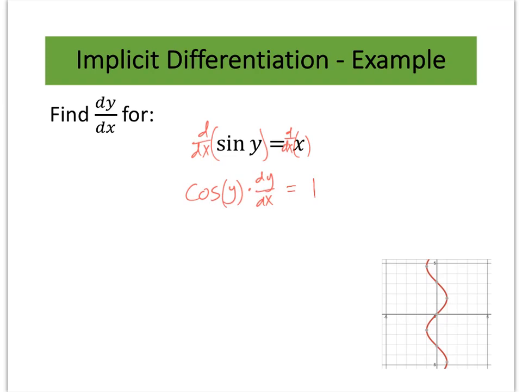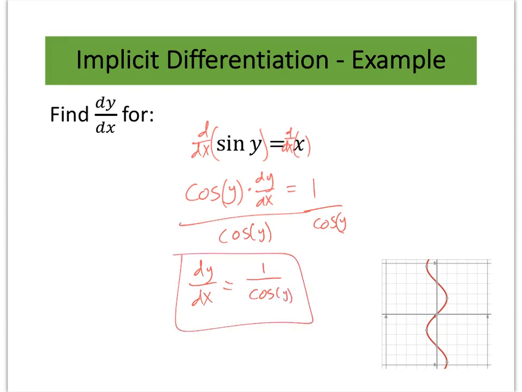And so if I take the derivative of both sides, then I can solve by dividing by cosine of y, and my derivative dy/dx is 1 over cosine of y.